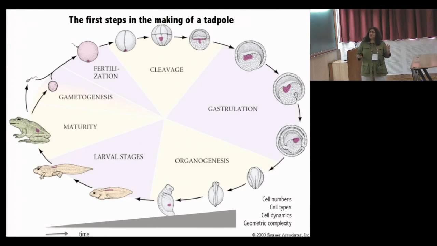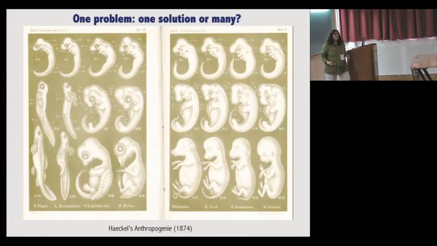And I just want to point out here that I'm talking about animals that have lots of cells in them. I'll come back to animals that live their life as single cells. So a frog looks different from a human, looks different from some other animal. So do we have to worry about morphogenesis as many problems, or one problem? Is there one solution or many solutions?